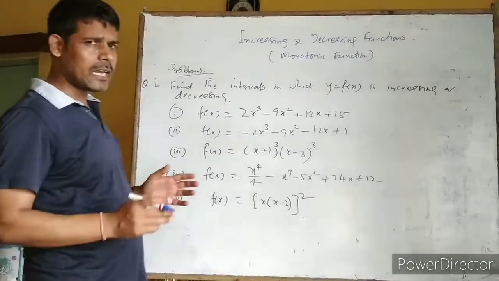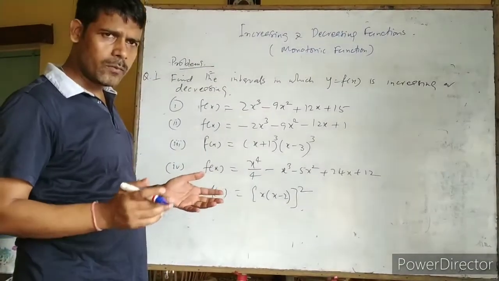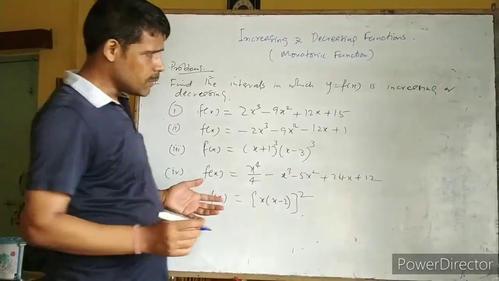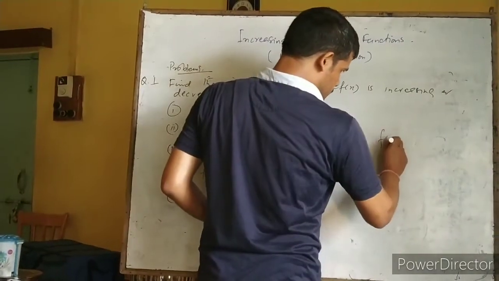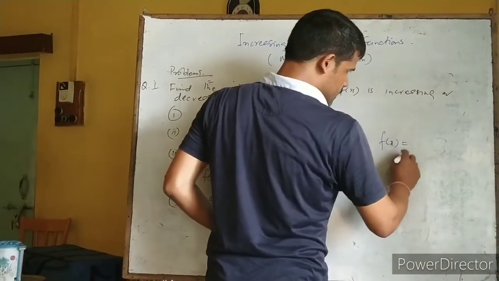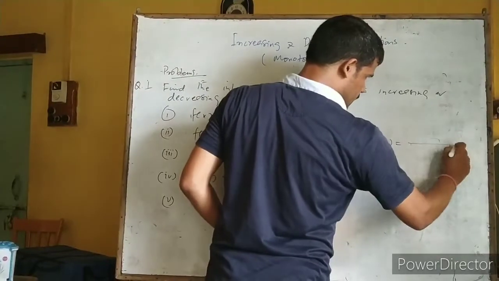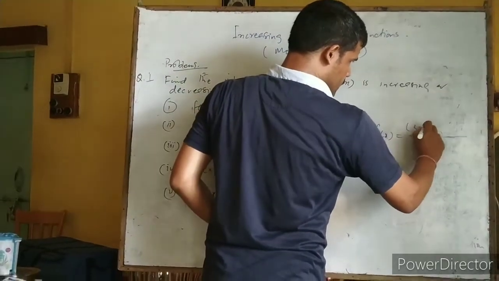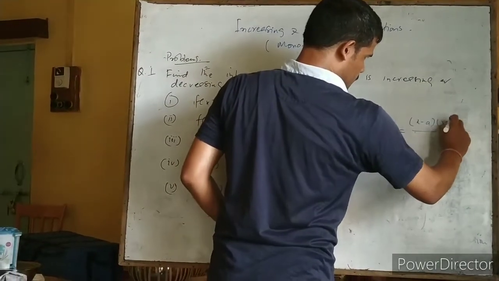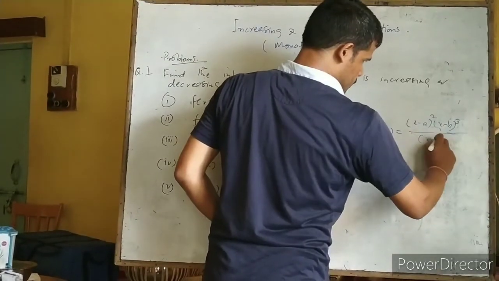In class 11 we have already gone through the wavy curve method. Under this, suppose there is a function f(x) which is some rational expression, say x minus a, x minus b whole cube squared, and then x minus c, something like this.